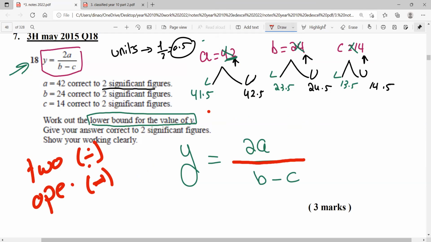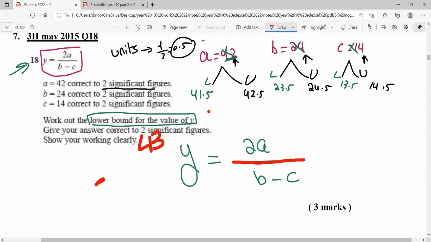Now let's start with the division. The question says, find the lower bound of y. Since this is division, as we said, the bounds are different, one upper and one lower. The first quantity is as the question says, and the other is the opposite.